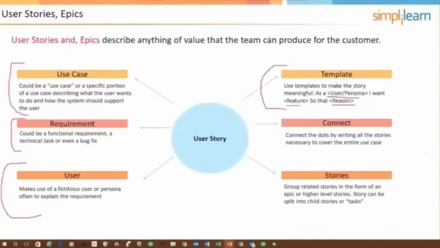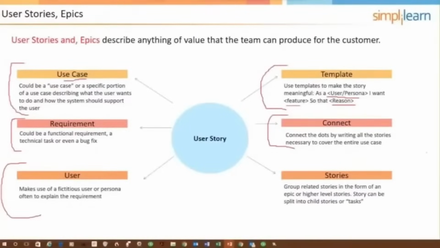Below that, connect the dots by writing all of the user stories necessary to uncover the entire use case. So like we were talking about right here, if you want to be able to purchase items online from a catalog, it might be multiple user stories in order to support that use case.